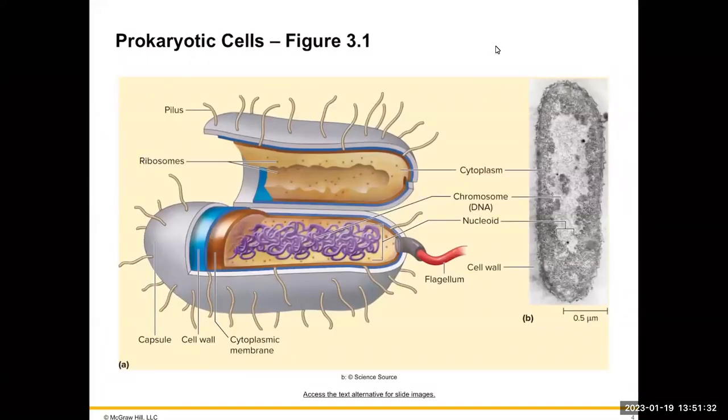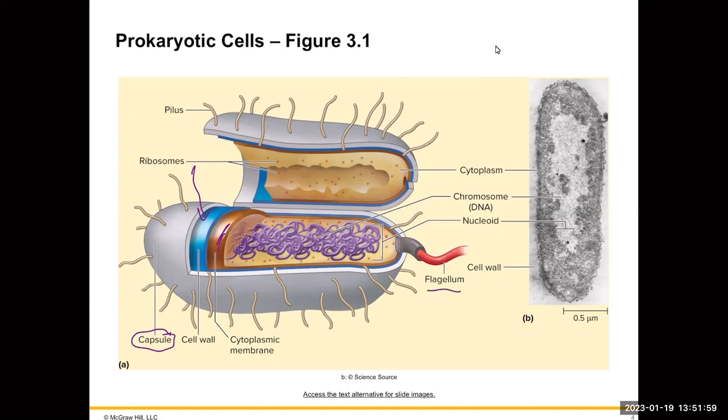Okay, so if you look at this picture, this is a very typical bacterium. Okay, so here is this brown, that's the cytoplasmic membrane. Okay, and then bacteria have a cell wall most of the time. Okay, so there's the cell wall, and the cell wall is going to be rigid. Okay, now some bacteria have an outer layer, which is called a capsule, which we'll talk about.